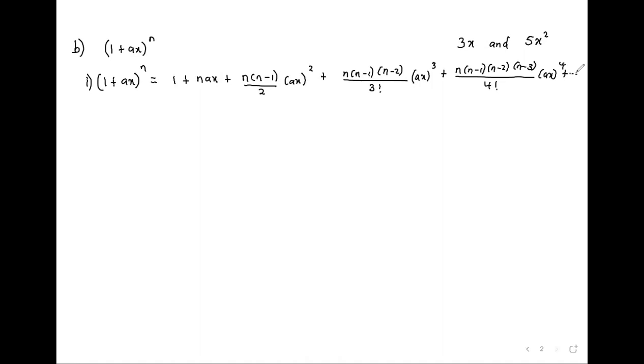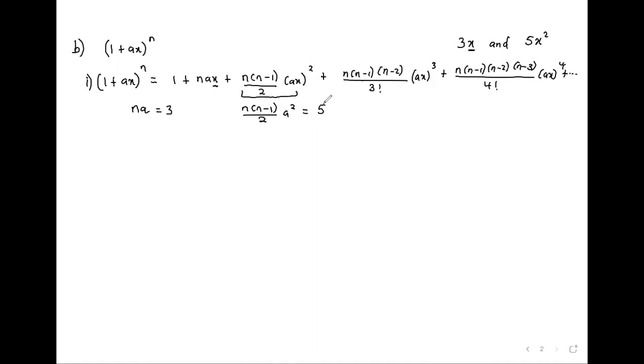Now we are given that the coefficient of x, its coefficient na is equal to 3. Coefficient of x squared, its coefficient n times n minus 1 over 2 times a squared is equal to 5. Find a and n.